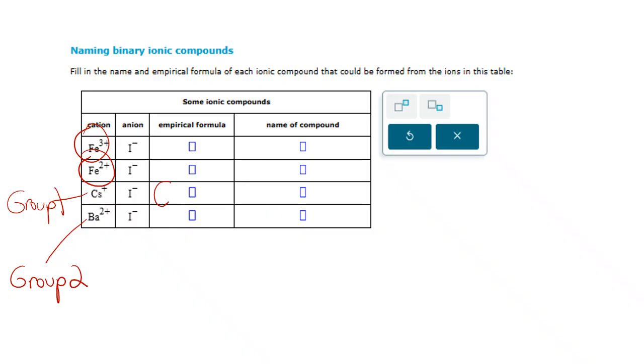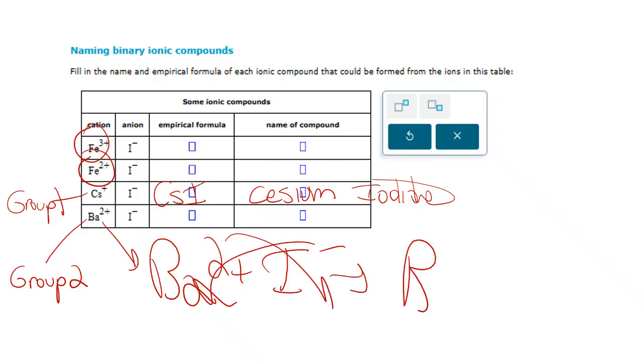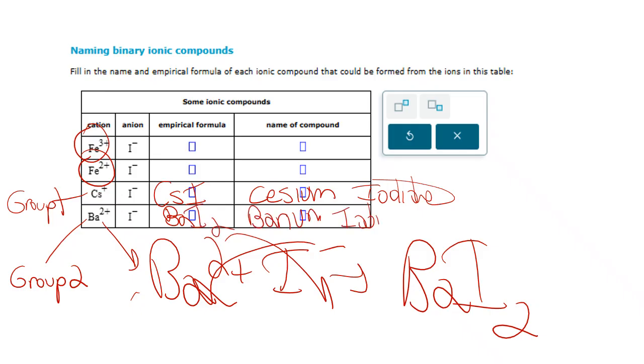So this is going to be CsI, this is going to be cesium iodide. In barium, we have Ba2 plus. In iodine, we can do the crossover method here, and we have BaI2, and that's going to be barium iodide.